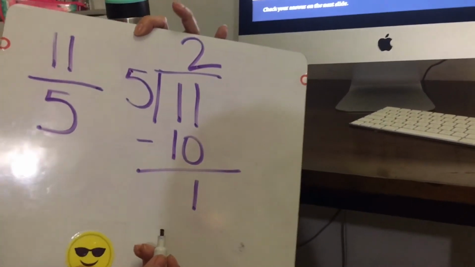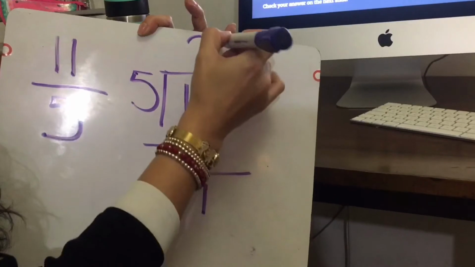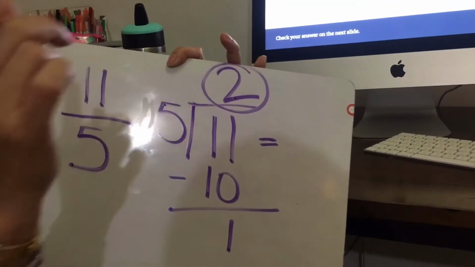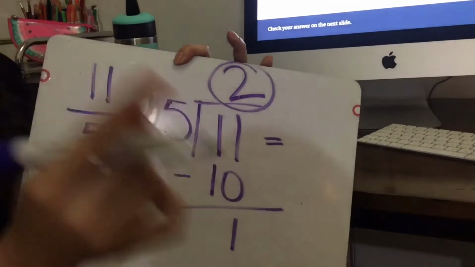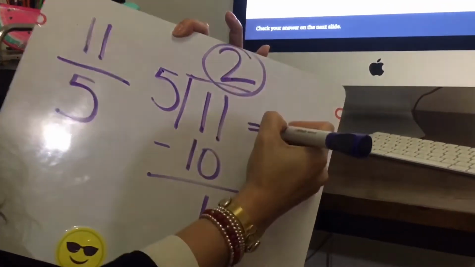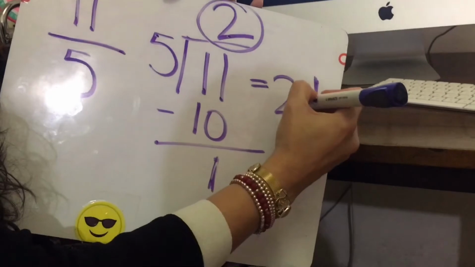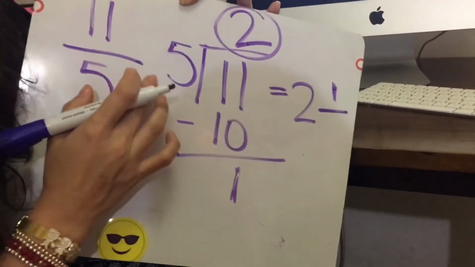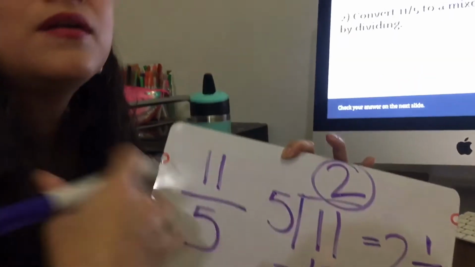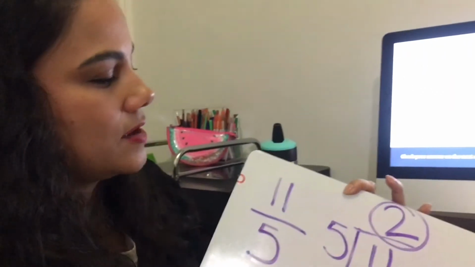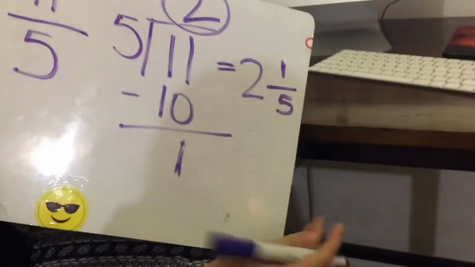I have my division problem. So this is equal to my whole number, my quotient becomes my whole number, 2. My remainder becomes my numerator, and then again, what happens to the denominator? It stays the same. 2 and 1/5.